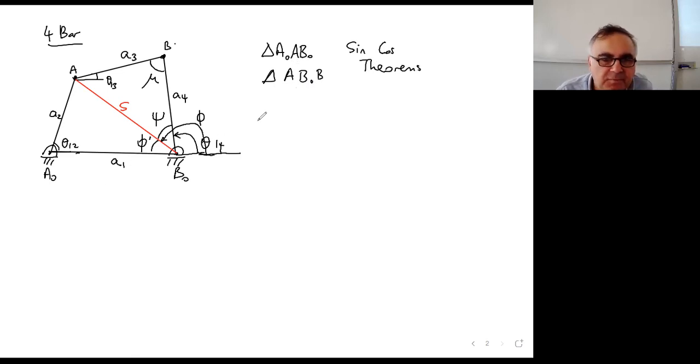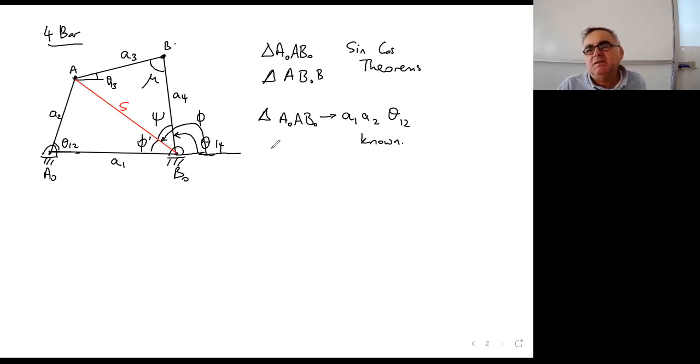For example, for triangle A0, A, B0, you have a1, a2, and theta 1,2 known. So in a triangle, what do you need to know?